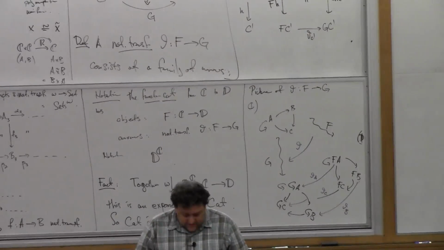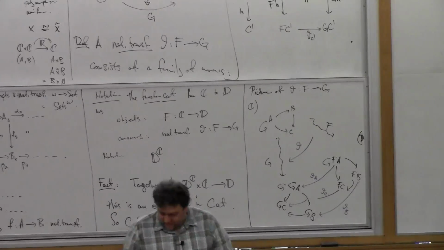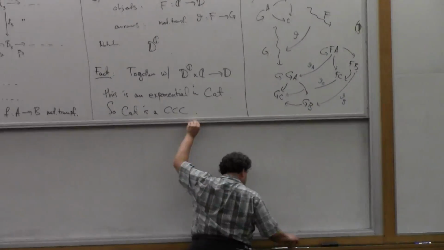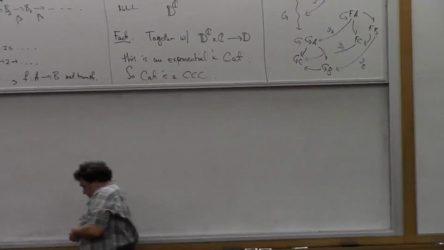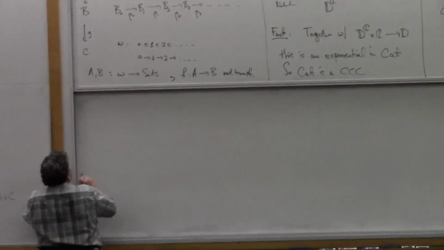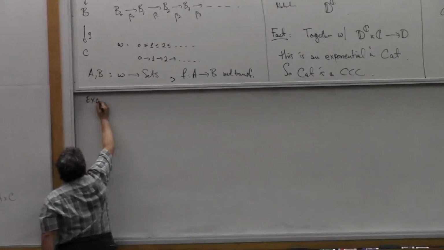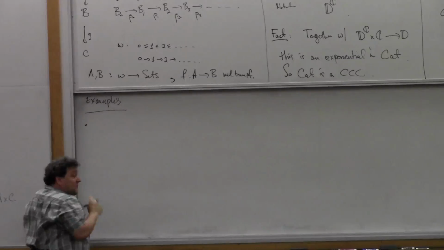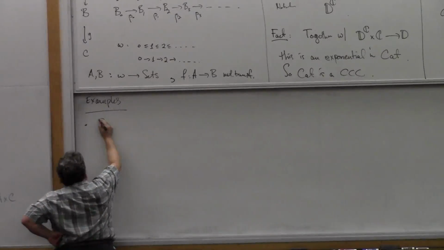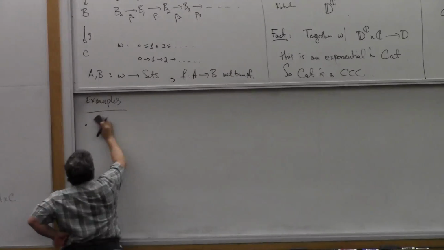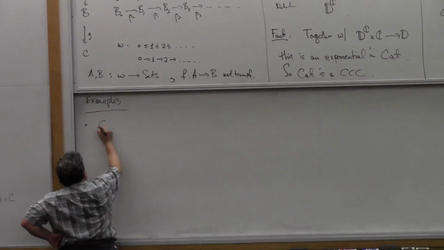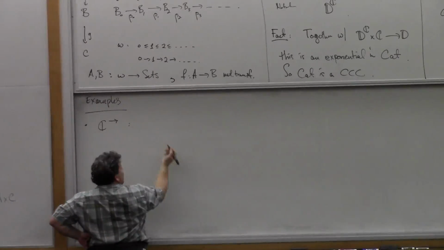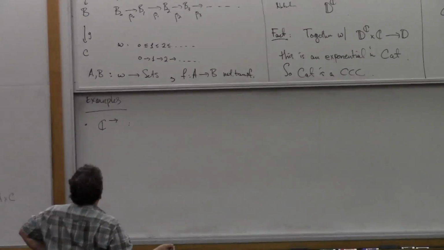Okay, let me give you some very simple examples just to have something more to think about. Remember the category of all arrows in a category? I have some category C, and I make the arrow category.